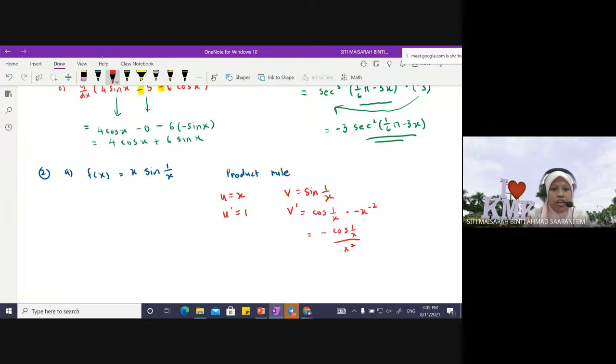Okay, so then f prime x is equal to uv prime, which is x multiply negative cos 1 over x square plus sine 1 over x multiplied by 1. So we can simplify this.